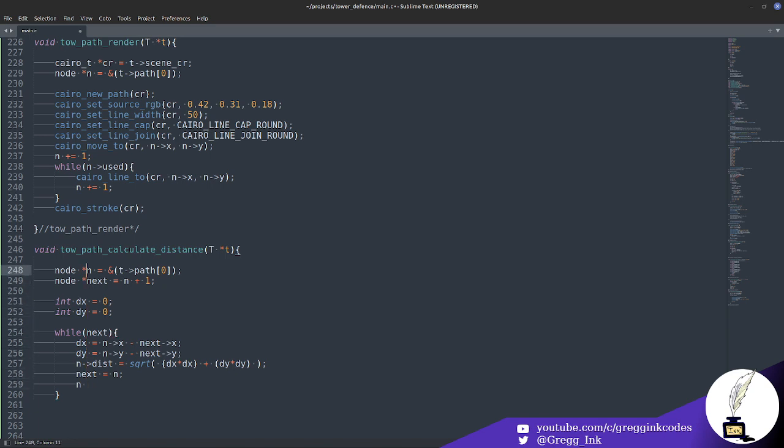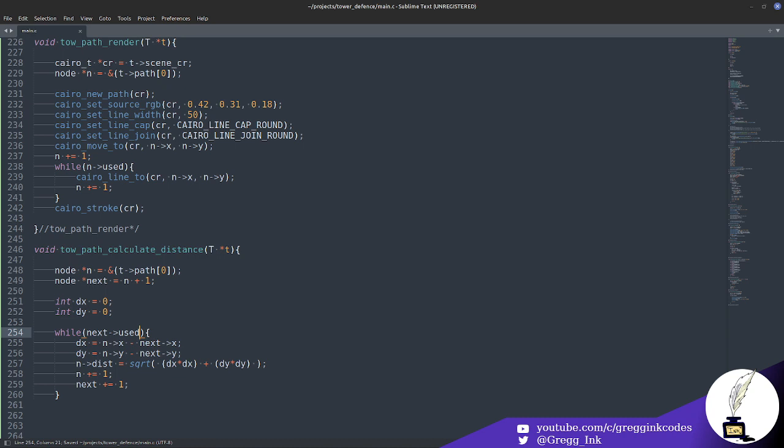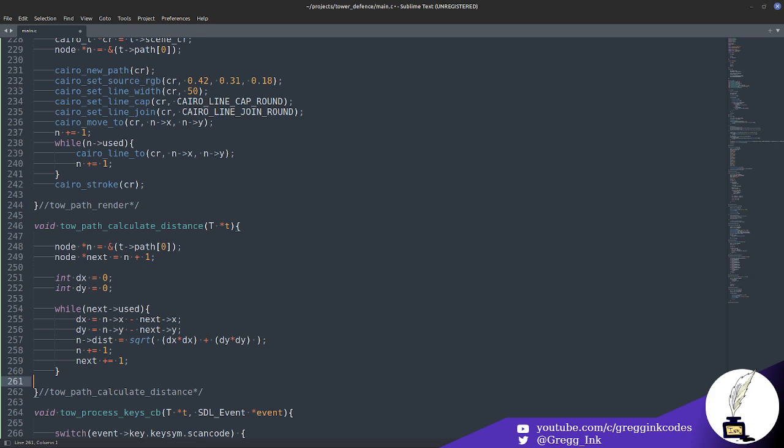So we have n and next. Why not do it the simple way, n plus 1 and next plus equal 1? But that should be while next used. So is that correct? I think that's correct.